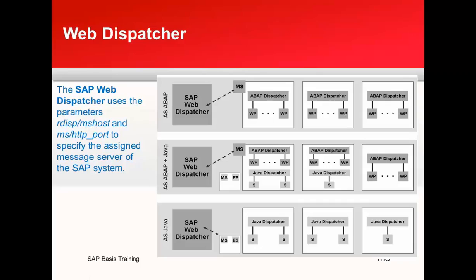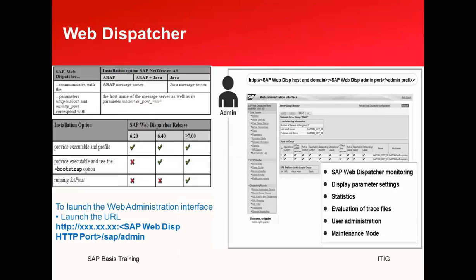And at the bottom you can see an AS Java system, and how it is contacting the respective message server. Basically it uses two parameters: rdisp/mshost and ms/http_port to specify the assigned message server of the SAP system.